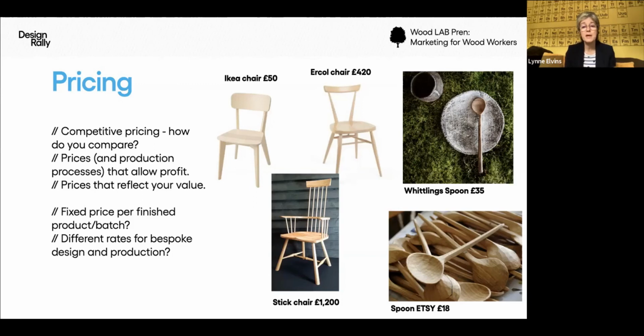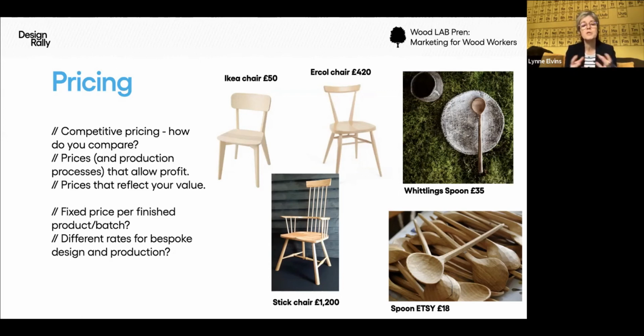Again, you might have a set of products which you just make in batches and then sell. If people want to buy one, you can put a photograph of it on a website and stick a price on it. So it's a fixed price and a fixed item, and you just continue to make them like a small batch production line. Whereas you might have other items that you make that are different each time. A customer might come to you and say, can you make something like this for me?